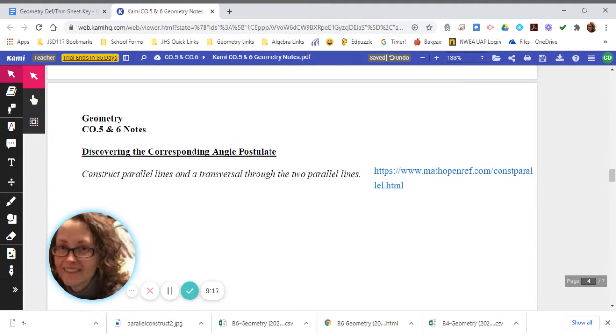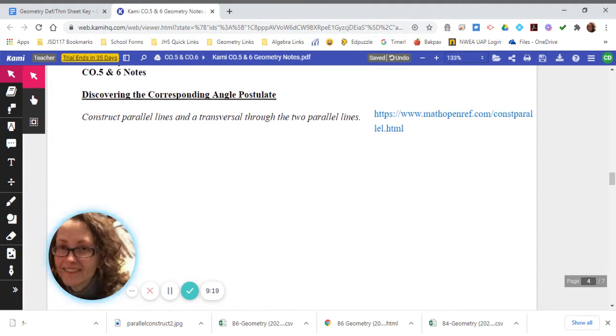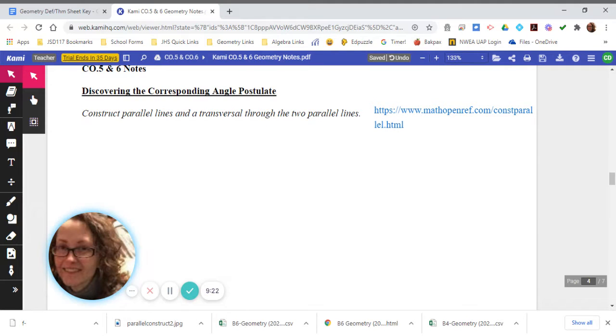So then the next step asks us to construct parallel lines and a transversal through the two parallel lines. If you need to remind yourself how to construct parallel lines, I have linked a math open reference, just like those construction animation links we were using before, that will help us remember how to do the parallel lines using an angle copying method.